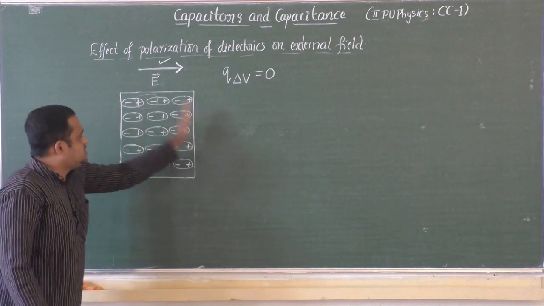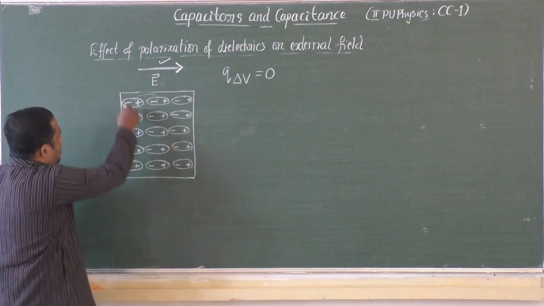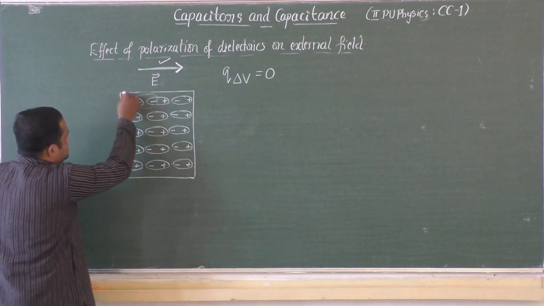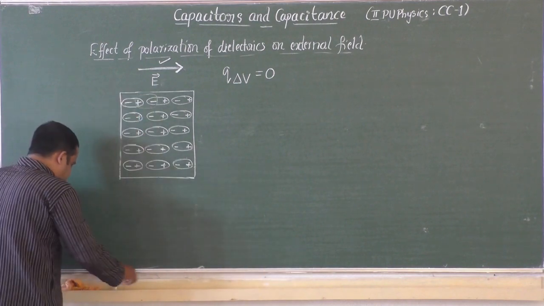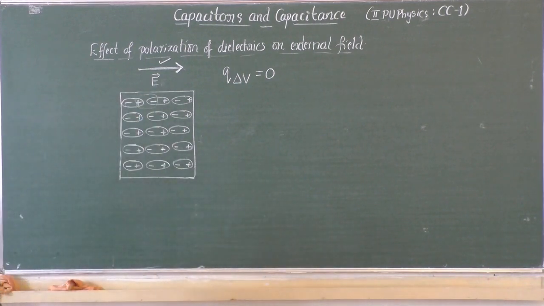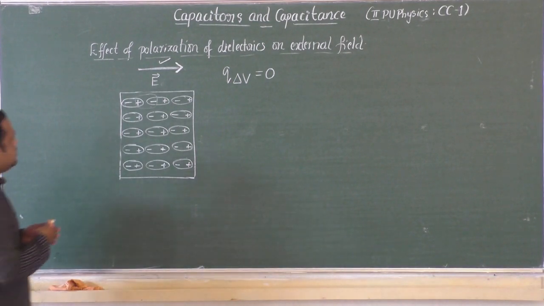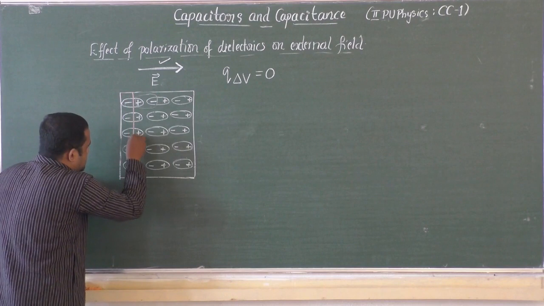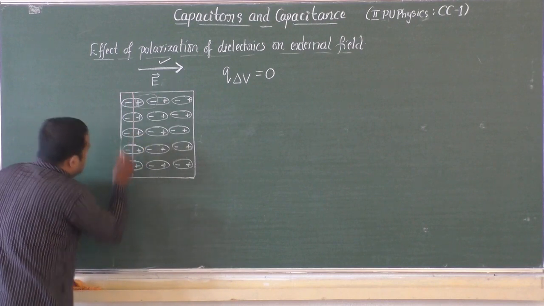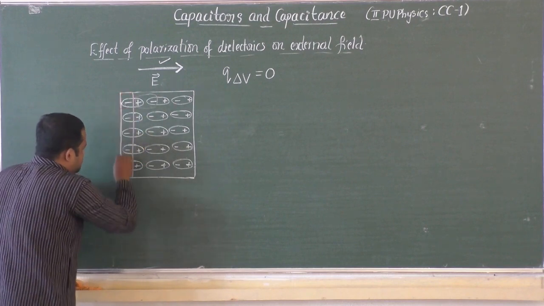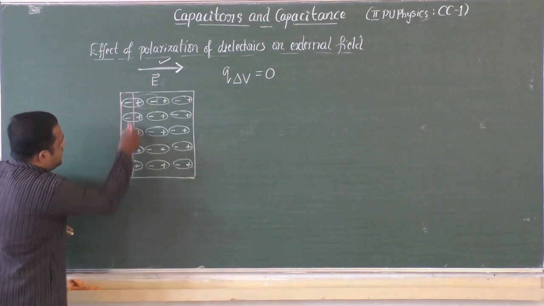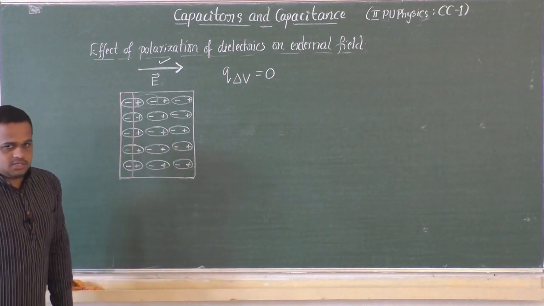Now if you consider these two surfaces, on this side, from the diagram itself it is clear that on this surface there is net accumulation of negative charge. So there is no other positive charge to cancel the effect of this negative charge. So on this surface, that is the first surface which is perpendicular to the electric field, there is accumulation of negative charge.